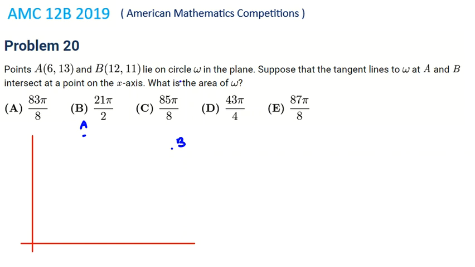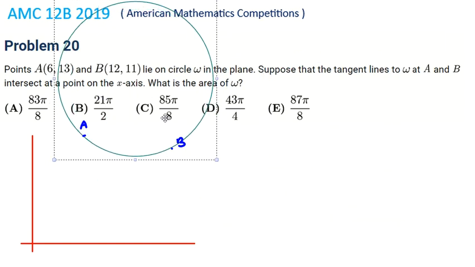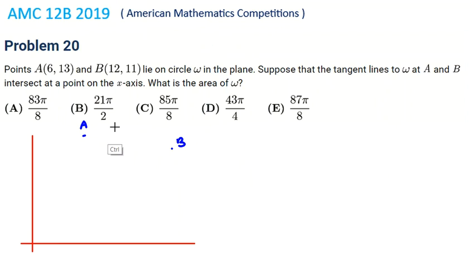We have a circle omega, so you can consider something like this. We can draw a circle that satisfies this. Then the tangent lines intersect like this. Somehow the figure looks like this.